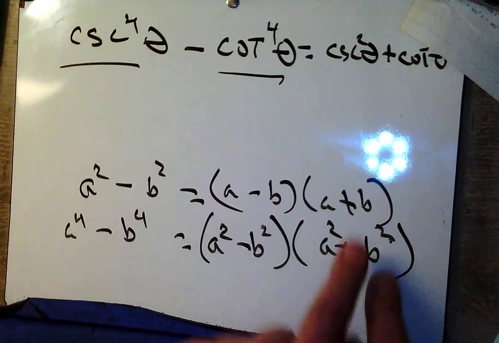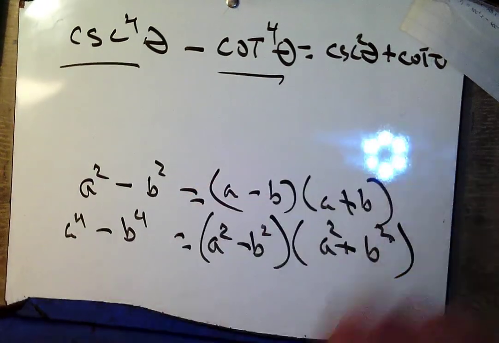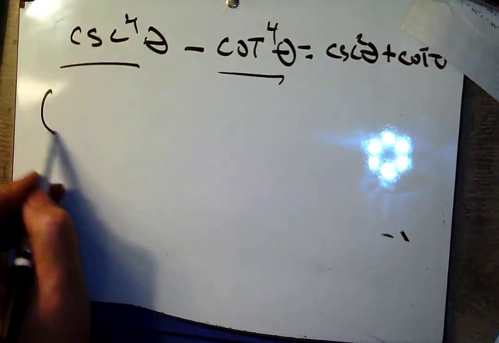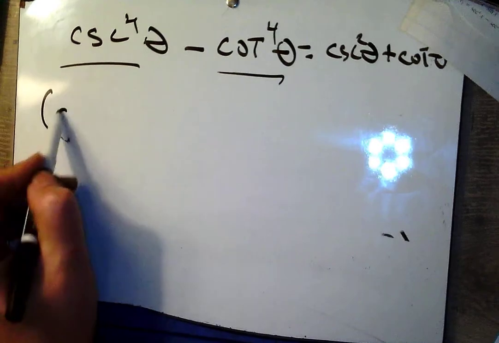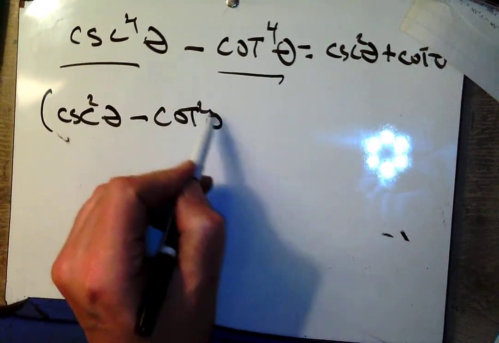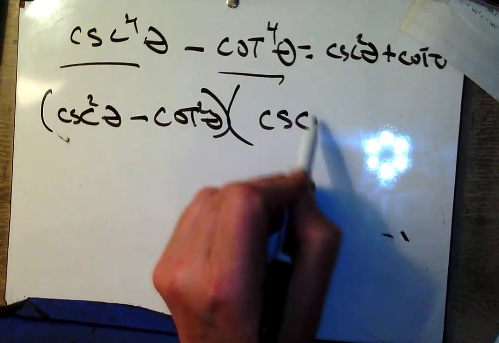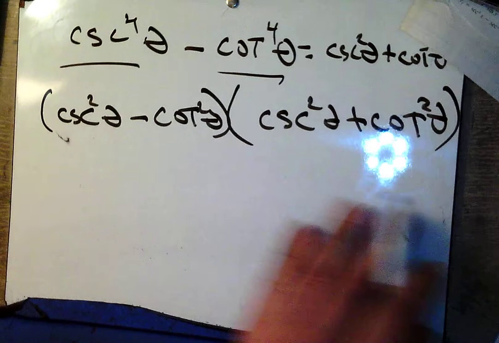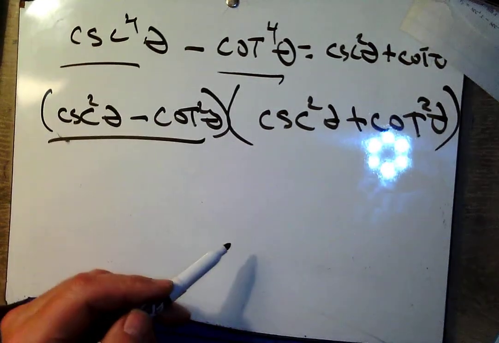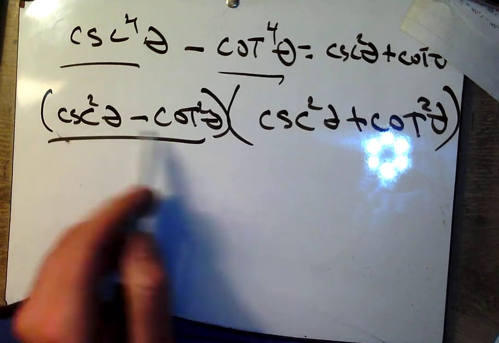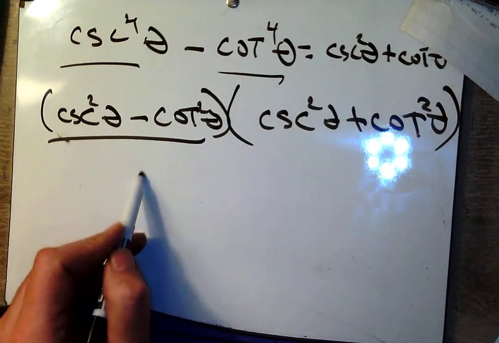Squared thing plus squared thing, squared thing plus squared thing. This is a difference of squares. So how do I factor this? It's going to be cosecant squared theta minus cotangent squared theta times cosecant squared theta plus cotangent squared theta. Cool. What's that? Well, if I'm really comfortable with my Pythagorean identities, I know that cosecant squared minus cotangent squared is 1.